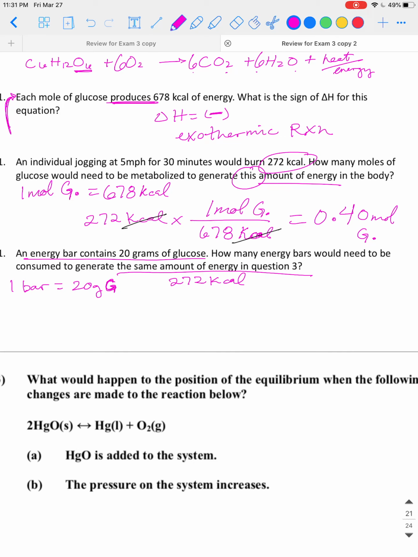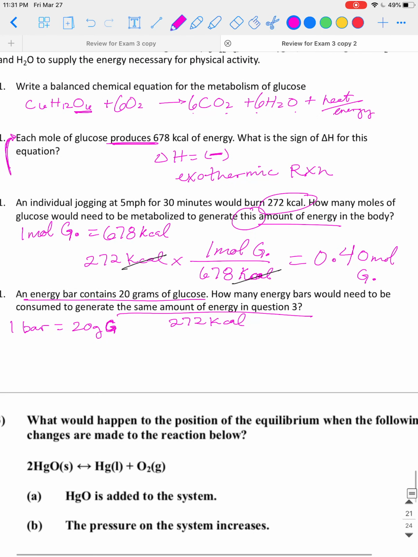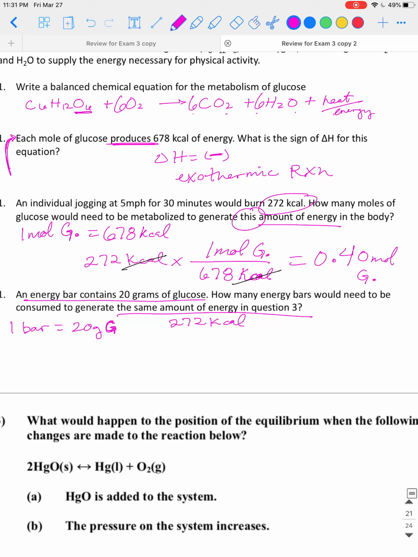How many bars would need to be consumed to generate this amount of energy? There are different ways you can go about it, honestly. What we learned from the third problem that we solved for is that 0.4 moles of glucose produces 272 kcals of energy.